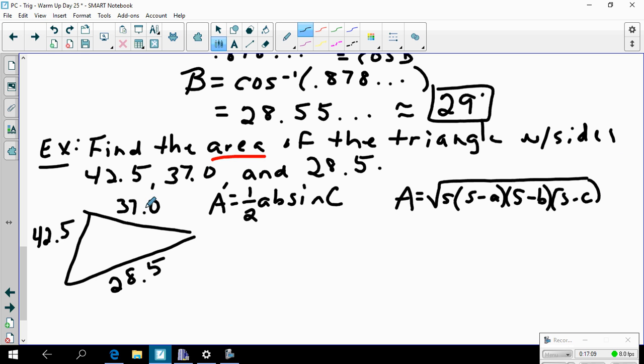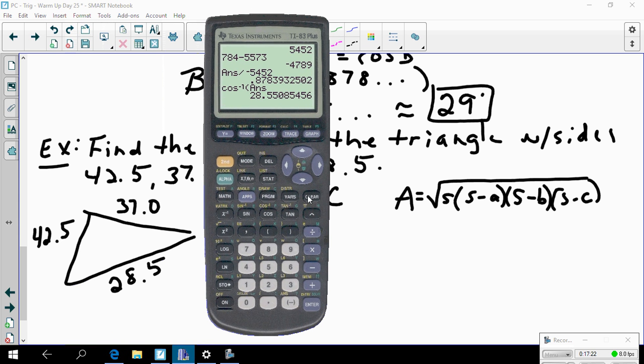S is half the perimeter. Okay, so clearly, given this setup, what's the better formula to use? Heron's, because I just know the three sides, so we could find S pretty quickly here. Let's do that. So we'd have half of the perimeter, which is 42.5 plus 28.5 plus 37. So S is 54.